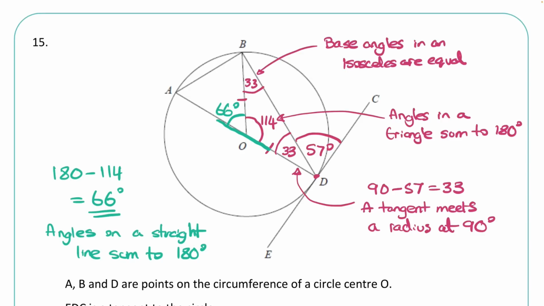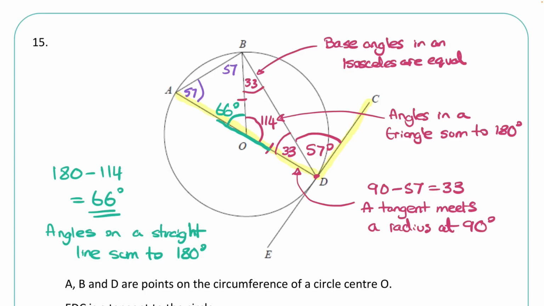So with the alternate segment theorem, if we go across the tangent, up the other line to this angle here is the same as that 57. So that's 57. This is another isosceles, so this is 57 as well. And if we add together 57 plus 57, we get 114. Take that away from 180, as it's angles in a triangle, and we'd have got our 66 as well.